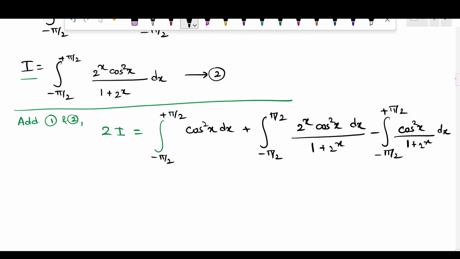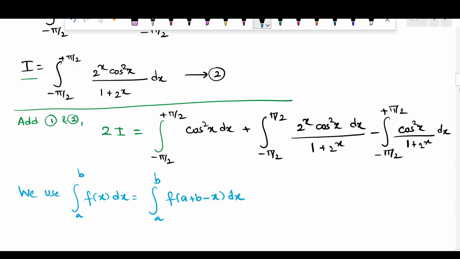Now what we need to do here is this. We use the property integral a to b f(x) dx goes to integration a to b f(a plus b minus x) dx. Right?